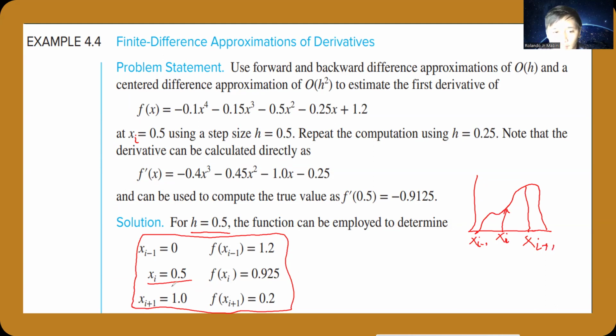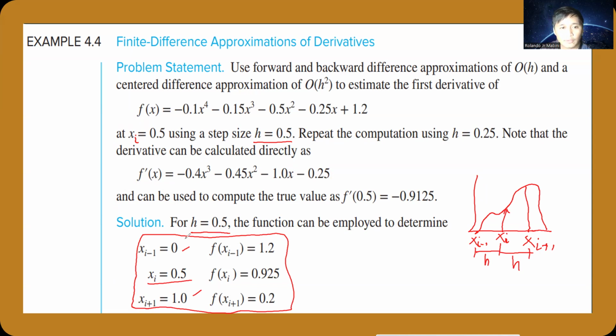Since we have a value of 0.5, our h is the gap between x of i and x of i minus 1, and the same h must equal the gap between x sub i and x sub i plus 1. That is why he arrived at the values of 0 and 1 for x sub i minus 1 and x sub i plus 1.